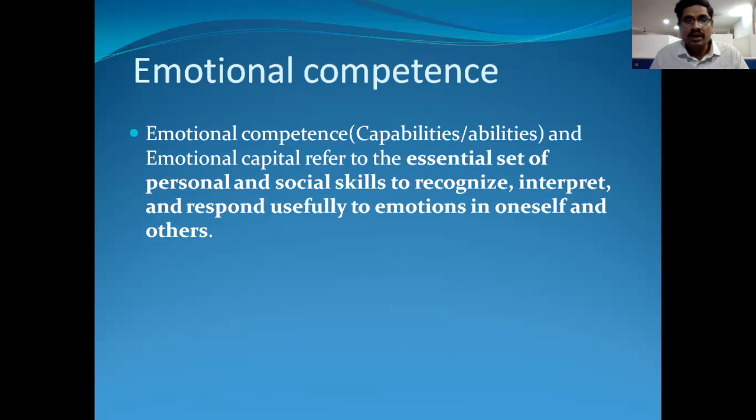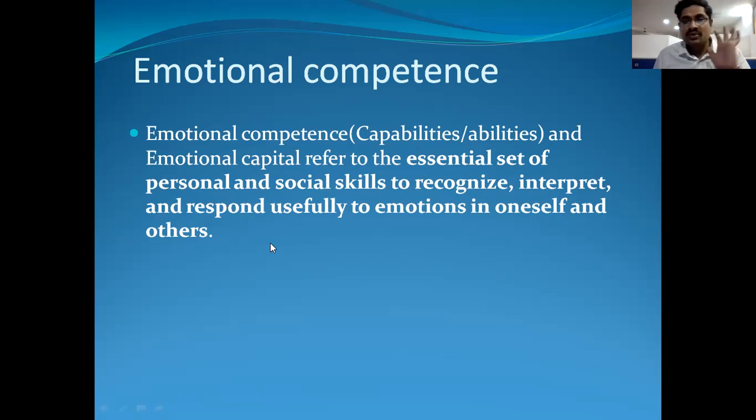Now coming to this point. Emotional competencies and emotional capital refer to the essential set of personal and social skills to recognize, interpret, and respond usefully to emotions in oneself and others.